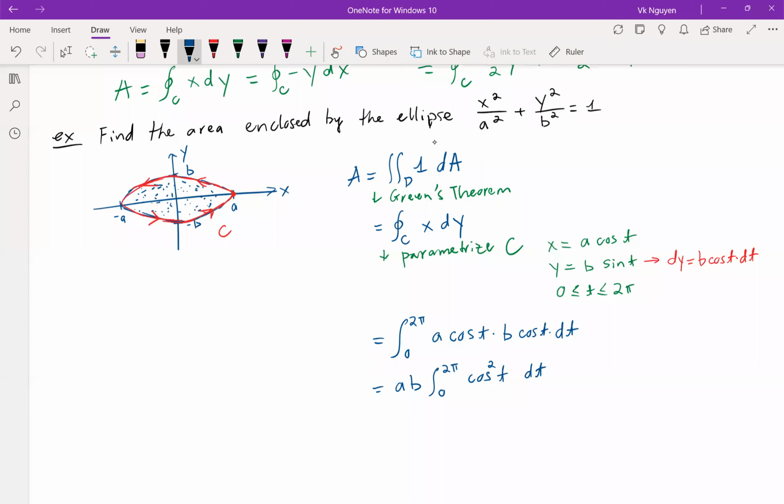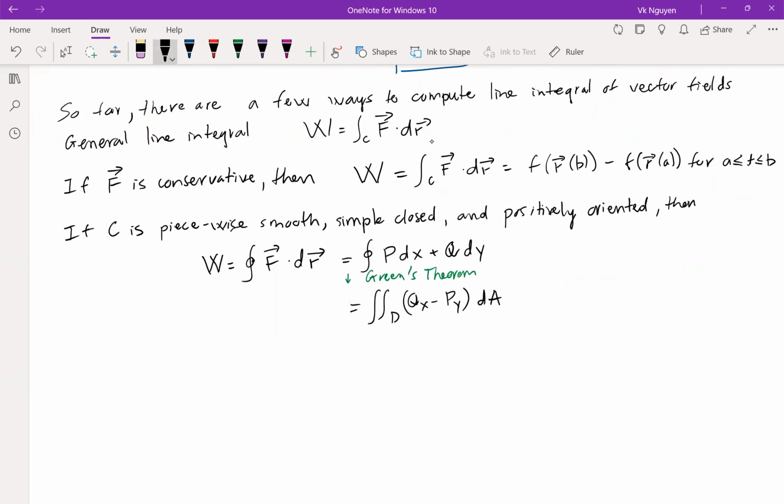Well, you integrate cosine squared t going 0 to 2 pi. This would be pi, so the area is ab pi. Okay.